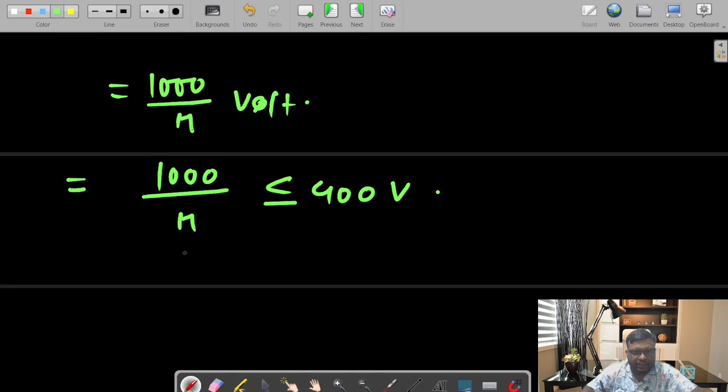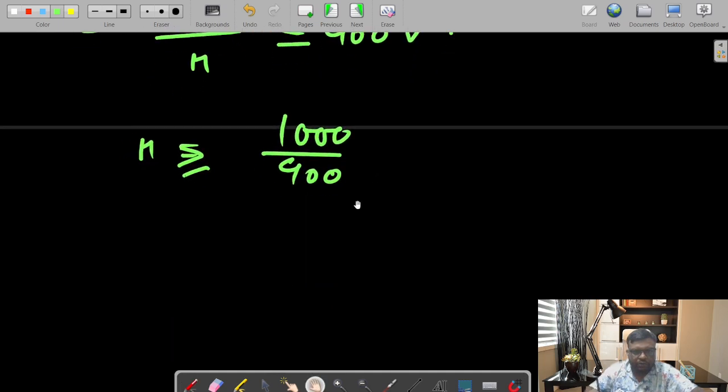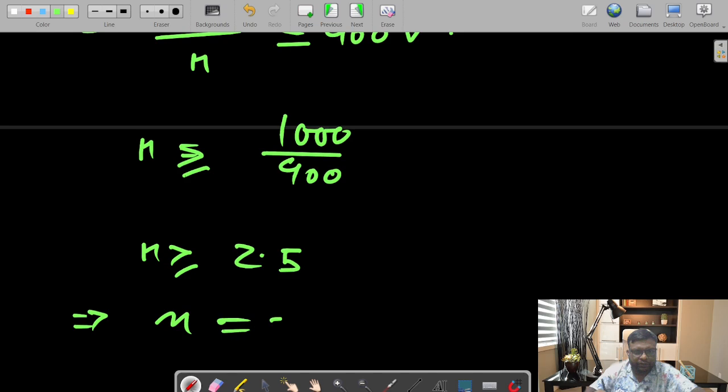Now we will calculate small n, the number of capacitors. So small n is greater than or equal to 1000 upon 400. So here n should be greater than or equal to 2.5, which implies n is 3.